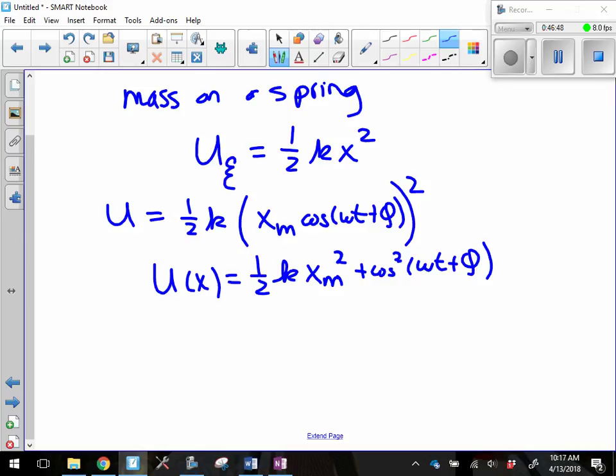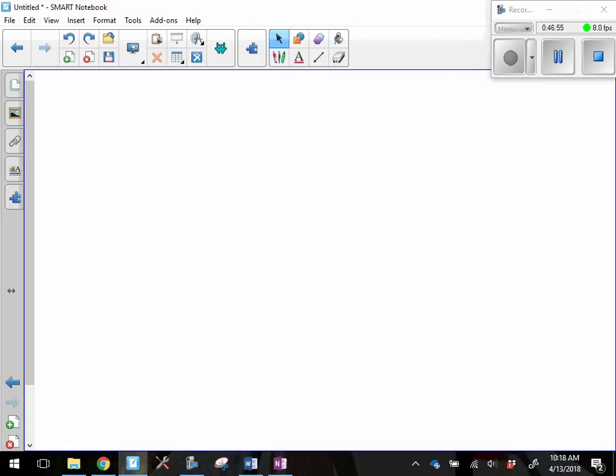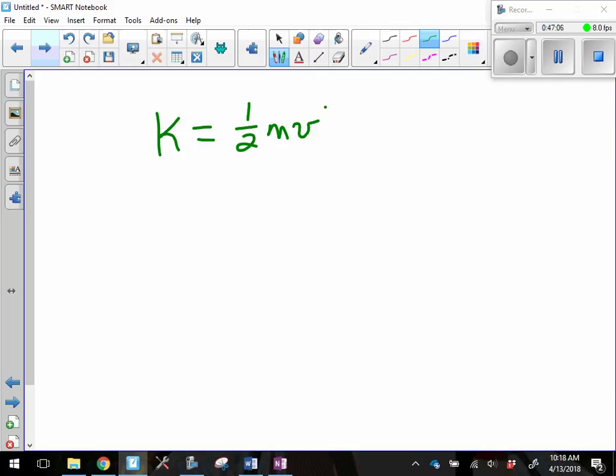Okay. So that's potential energy. What's the other kind of energy that we have? We have kinetic energy. So what's the formula for kinetic energy? 1/2 m v squared. And if I'm still talking about my mass on a spring and simple harmonic motion, then I have an expression for v too, right?